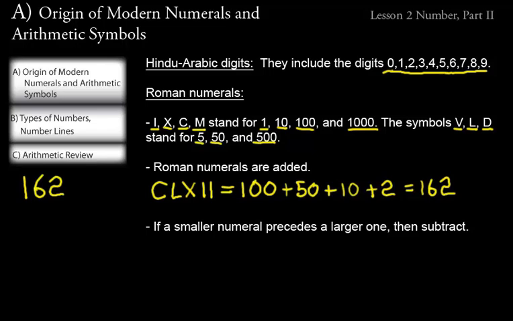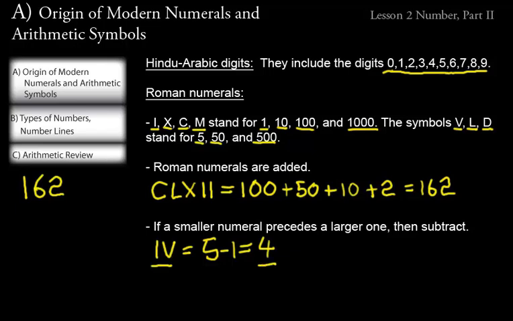Now, if you see a smaller Roman numeral preceding a larger one, then you subtract them. So, for example, if you see an I, then a V, that's a smaller numeral, 1, preceding the 5, that means do 5 minus 1 equals 4. So IV equals 4.